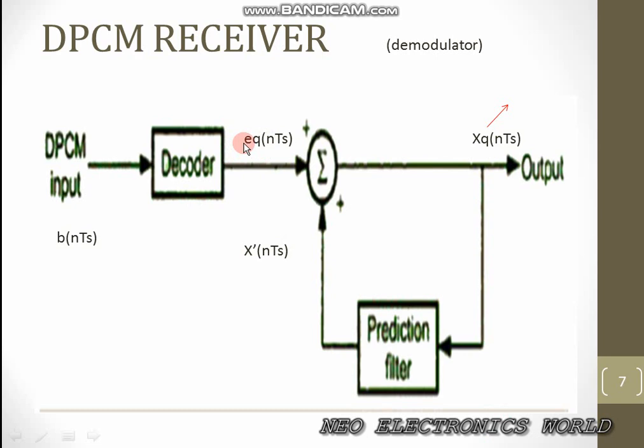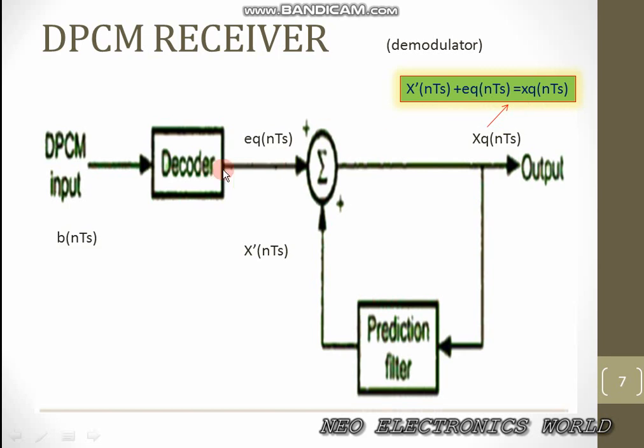What is XQ of NTS? It's nothing but X dash of NTS plus EQ of NTS. We use a comparator here, so it will add up the EQ of NTS and X dash of NTS, and we'll get XQ of NTS as the output.